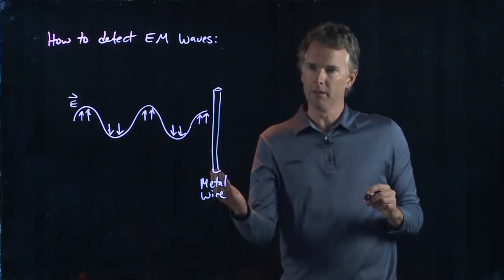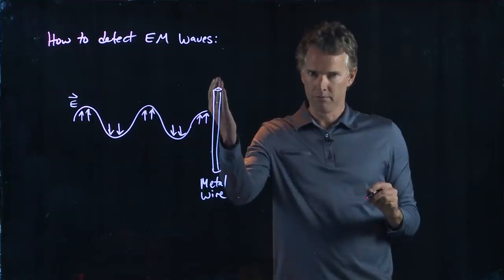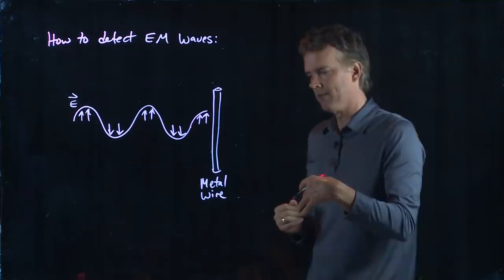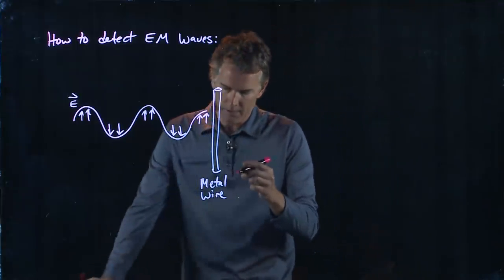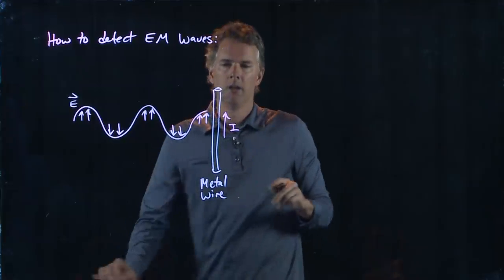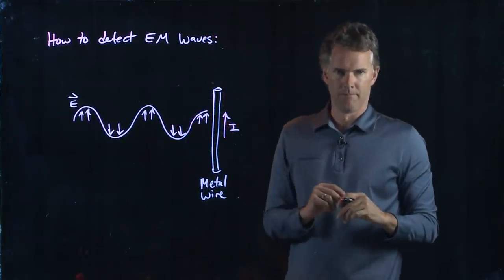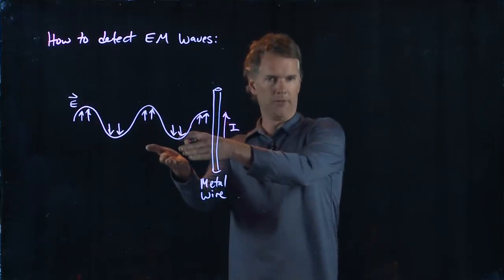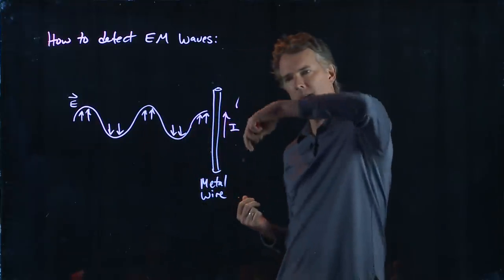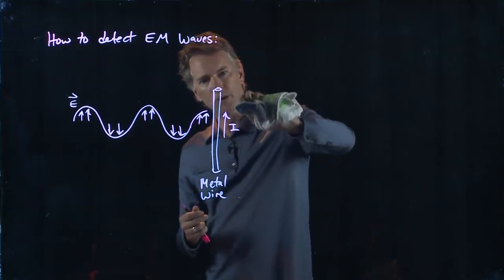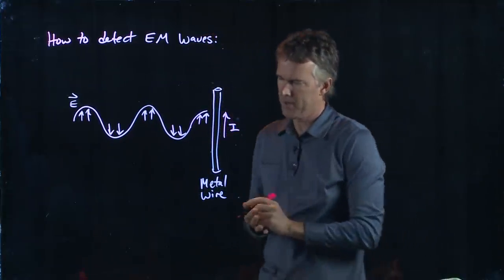They, of course, feel a force going up. The positive charges feel a force going up. The negative charges feel a force going down. And so there is a current, I, which develops in the wire. Okay? And later when the electric field is pointing down, the current's going to flip and come back down. Okay, so the current will in fact oscillate up and down.